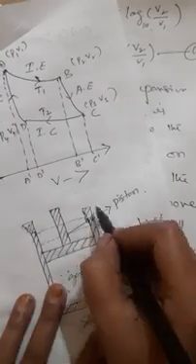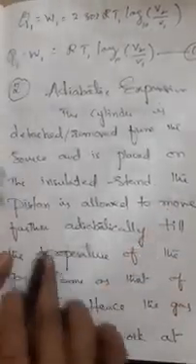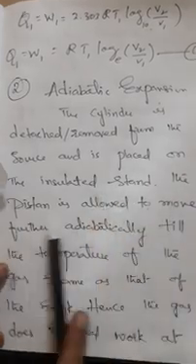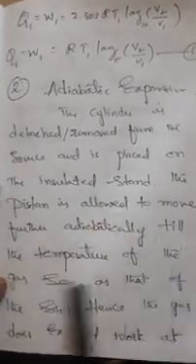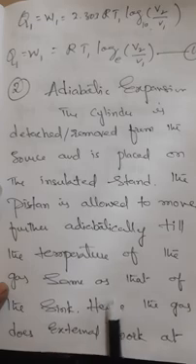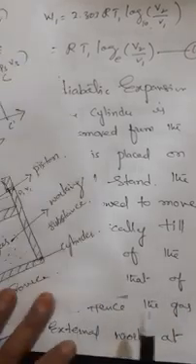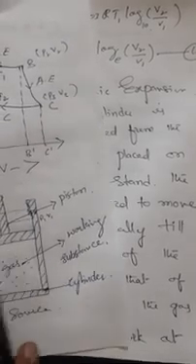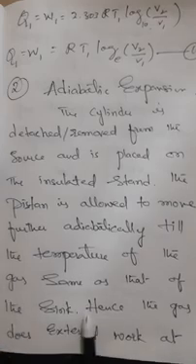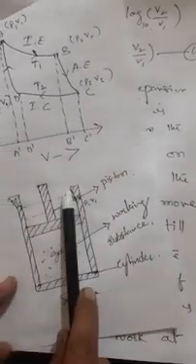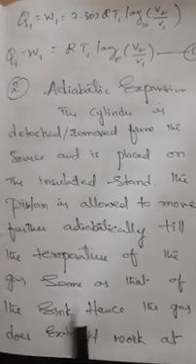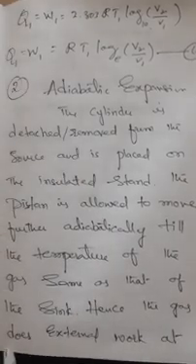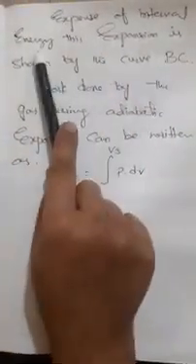In the upward direction, the temperature and volume will be different. The piston is allowed to move further adiabatically till the temperature of the gas is the same as that of the sink. The sink is the surroundings, where the temperature of the gas and the surroundings will be the same. Till that point we have to move the piston upward. Hence the gas does external work at the expense of internal energy.